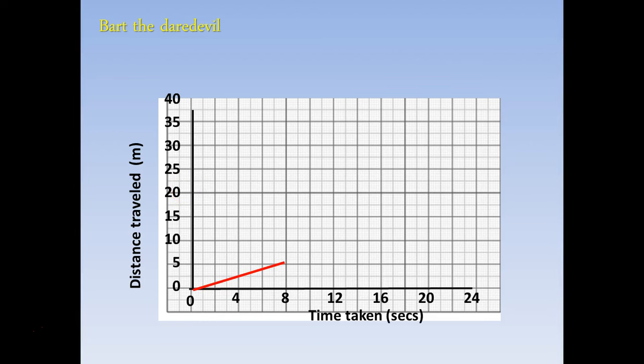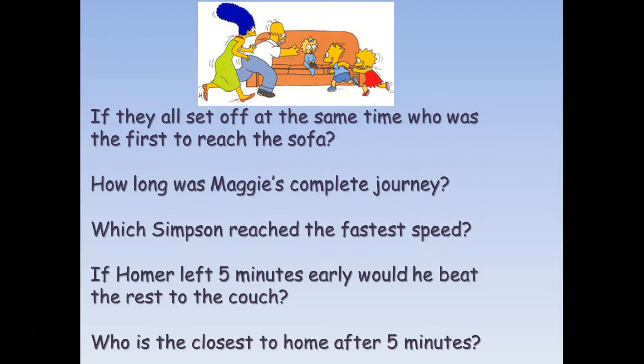Okay, so we see that Bart went in 8 seconds, he went 5 meters, and then continued to go faster and faster and faster. So we see his motion accelerated here. His velocity increased.